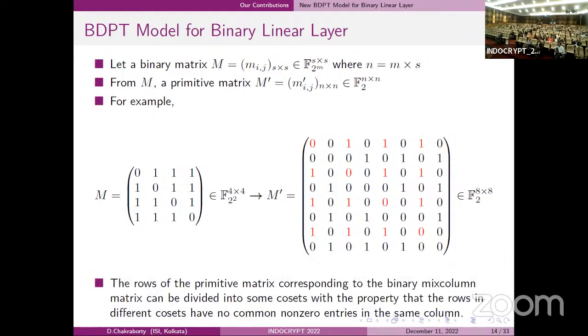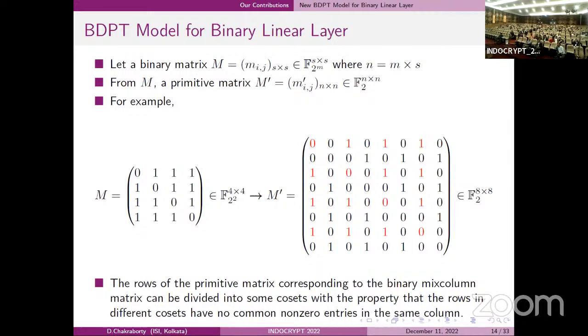Here comes a very important property: if we start with M as a binary matrix, the rows of the corresponding primitive matrix can be divided into different cosets, with the property that rows in different cosets have no common non-zero entries in the same column.